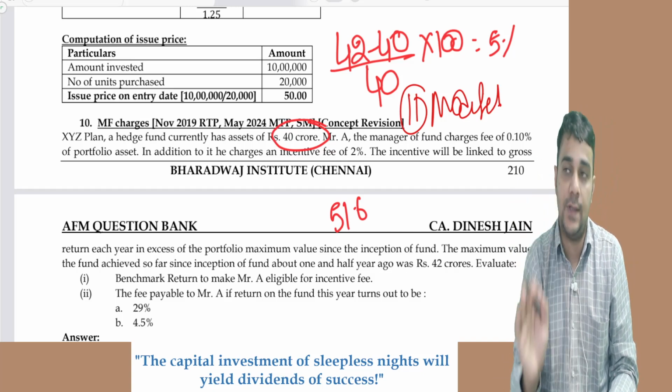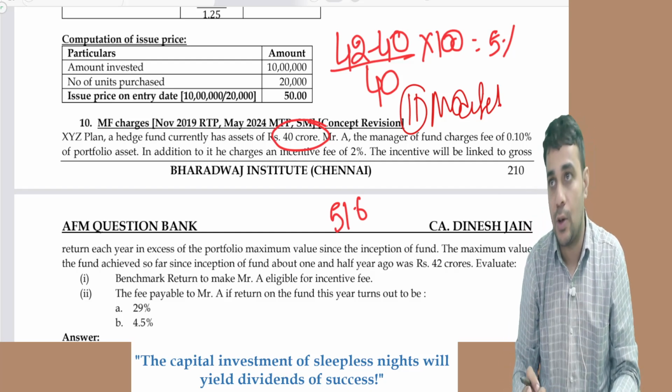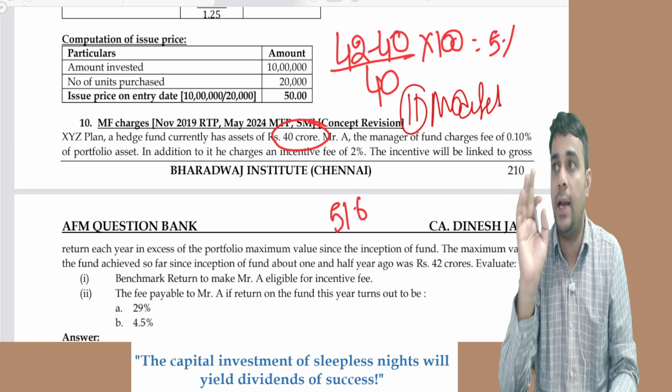On 9.6 crore, I'll get 2%. Remove the 42. In excess of 42, I'll get variable incentive.